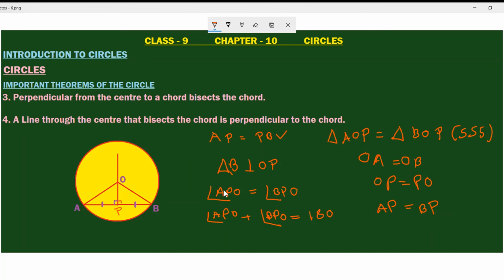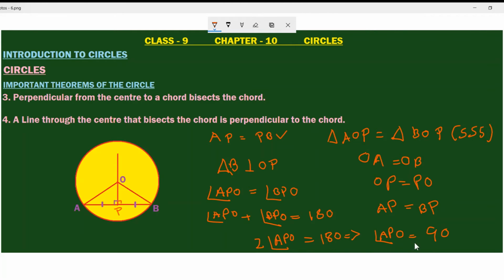Already we have proved these two are equal. So instead of BPO I can write APO. If I write APO here, I will get 2 angle APO is equivalent to 180. From this equation I will get angle APO is equivalent to 90 degrees, because this 2 will go to the other side as division.